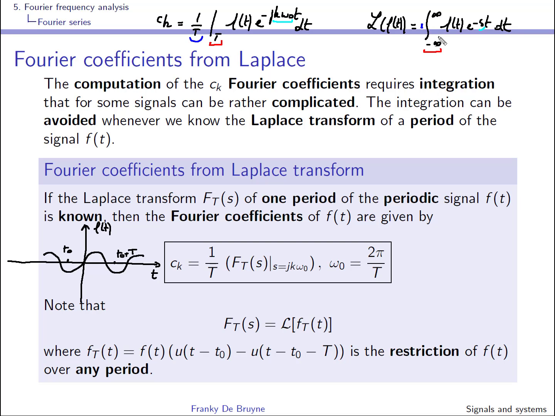So what we might do is use a rectangular window that is 1 inside the period that we've considered, from t0 to t0 plus T, and that is 0 outside. So if we multiply f of t with this window, we obtain a function that looks like this.